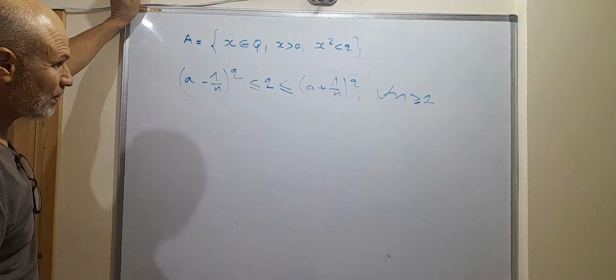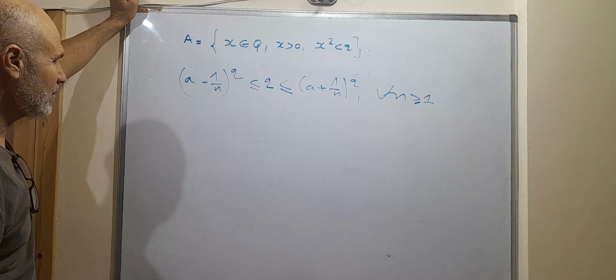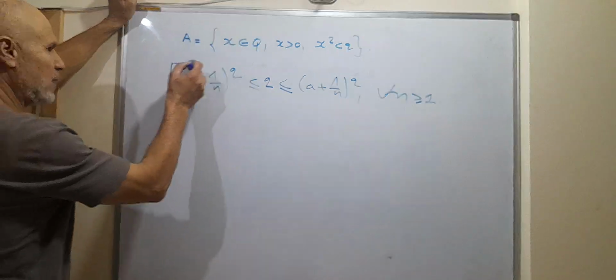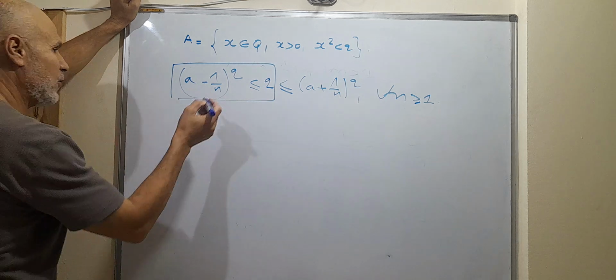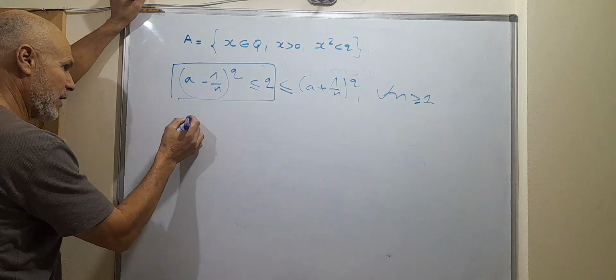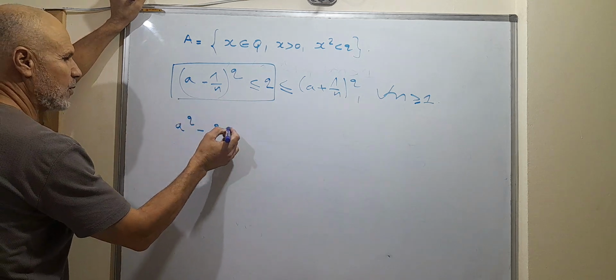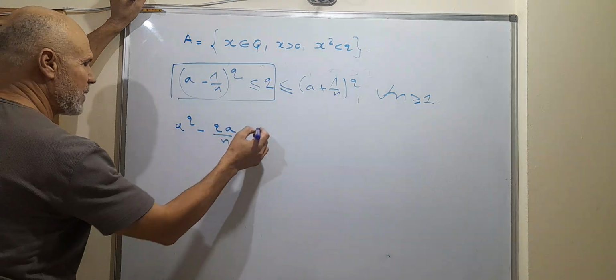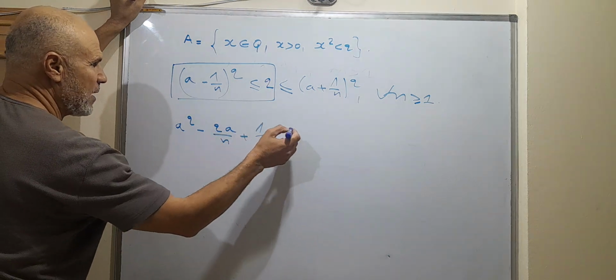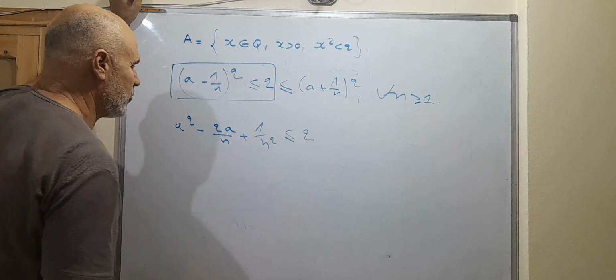So we take this one first. We will get a square minus 2a over n plus 1 over n square less than or equal to 2.